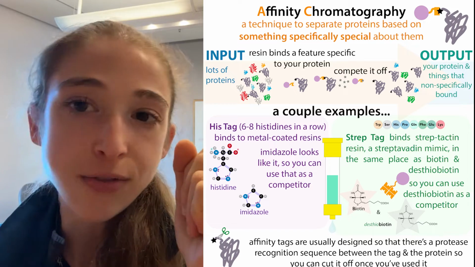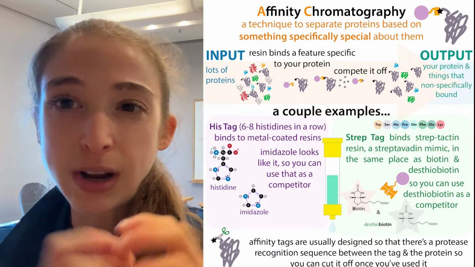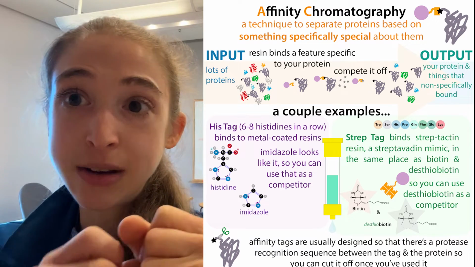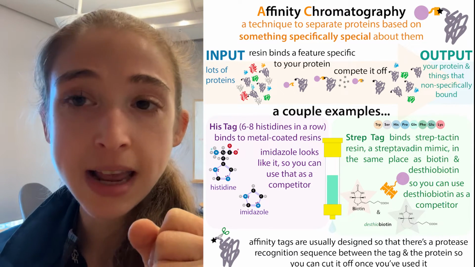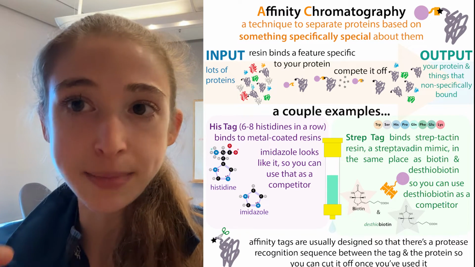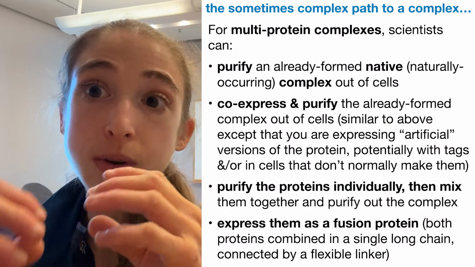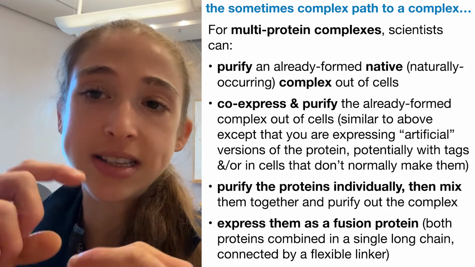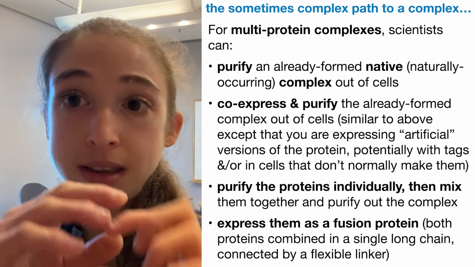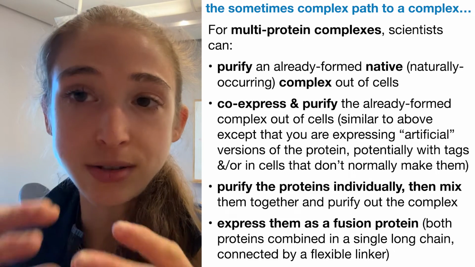We can wash everything else off, and then we can elute our stuff, and we get our protein that had the tag without everything else around. And if that protein that had the tag was bound to something else, then you also get that something else. So if you do this, you can co-express proteins, and purify both of them from the cell together.